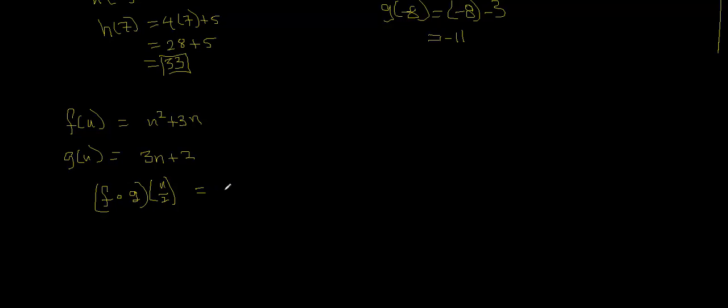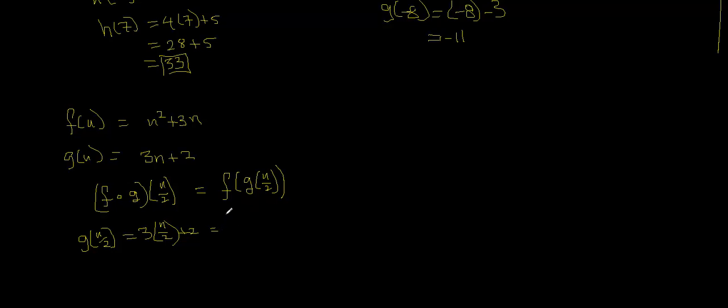This can be rewritten as f of g of n over 2, which means we have to compute g of n over 2 first. So let's do that first. g of n over 2 becomes 3 times n over 2 plus 2.